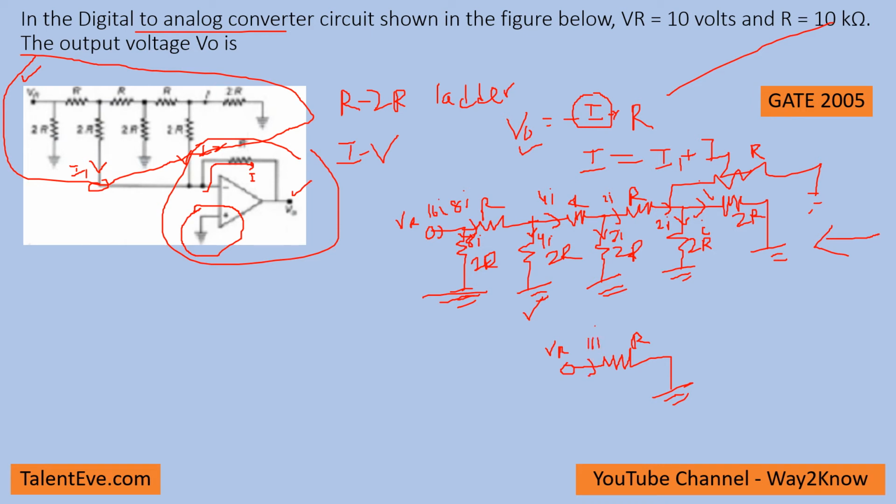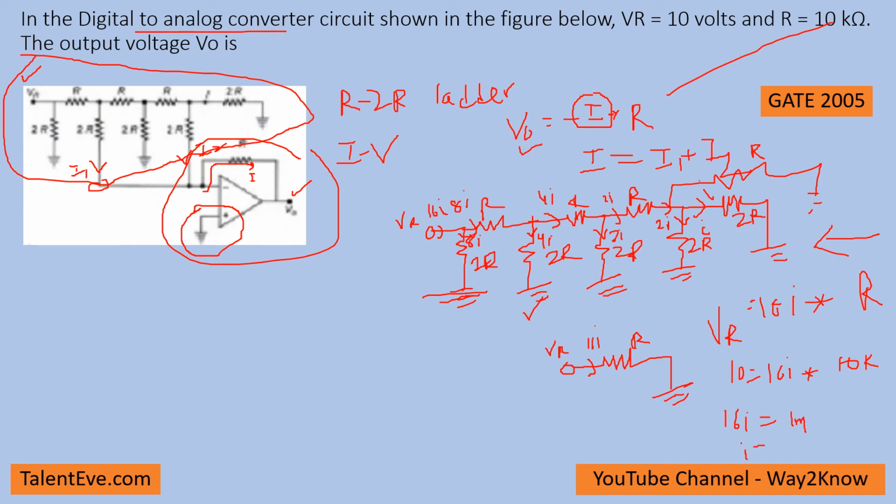So VR is nothing but 16I into R. VR is given as 10 volts, so 16I into 10K, which gives 16I equal to 1 milliamp.